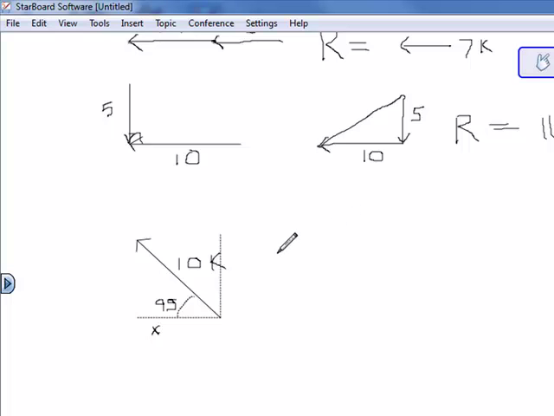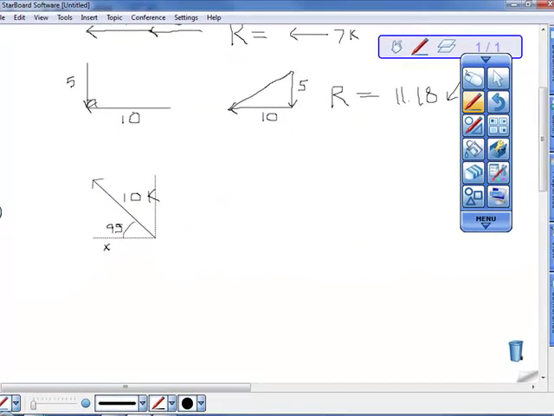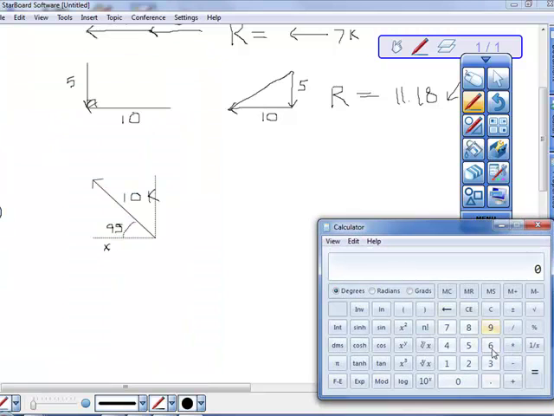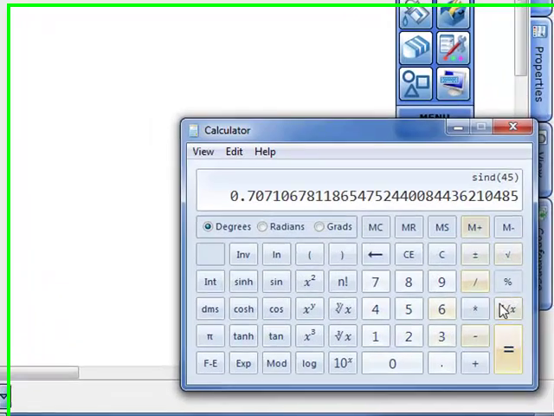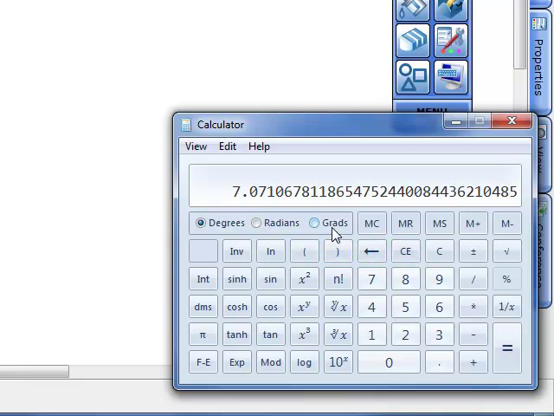So it's 10k times the sine of 45 equals y, and if we multiply that, where did my calculator go? 45 sine times 10 equals 7.07 is the y, and you can pretty much assume that x is going to be the same thing because it's a 45-degree angle, right?